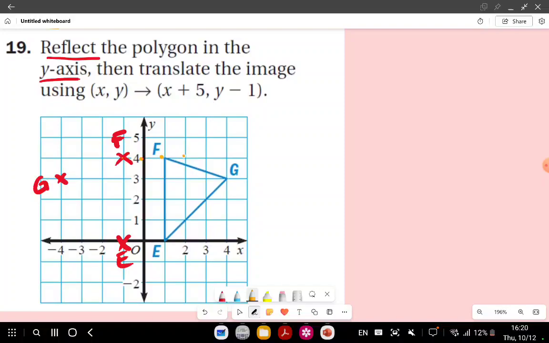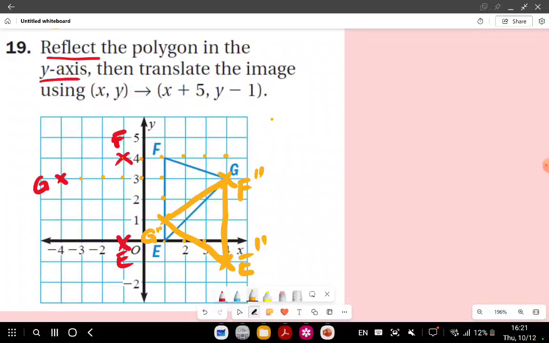1, 2, 3, 4, 5, 1. This here ends up being F2. That's E2. 1, 2, 3, 4, 5, 1, 2. That ends up being G2. Then my shape is going to look like this.